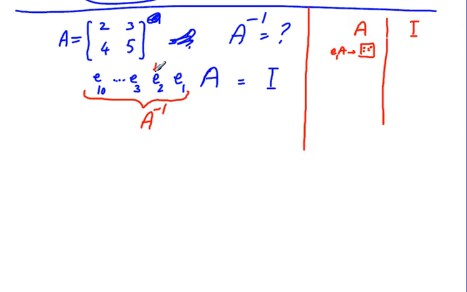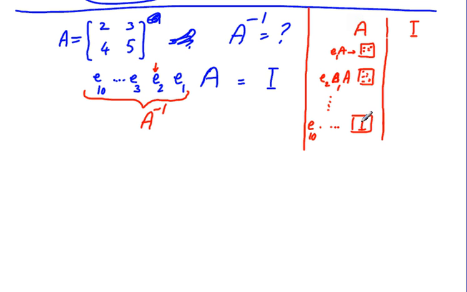Then I go to the next one, E2. E2 is going to be applied to the previous one. I'm going to write the matrix again underneath it, and so on. Every time I'm going to apply one of these operations and copy the matrix down here. So at the very end of this process, I will have the final result of applying E10 to whatever I had in the previous stage until I have hopefully my identity showing up at this stage.